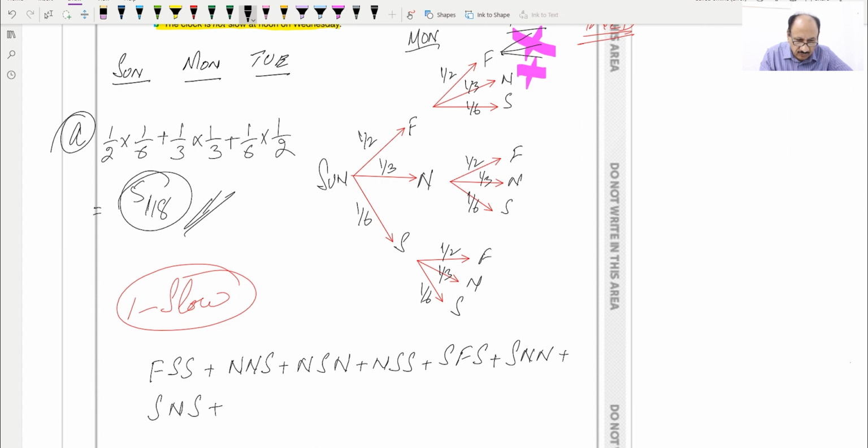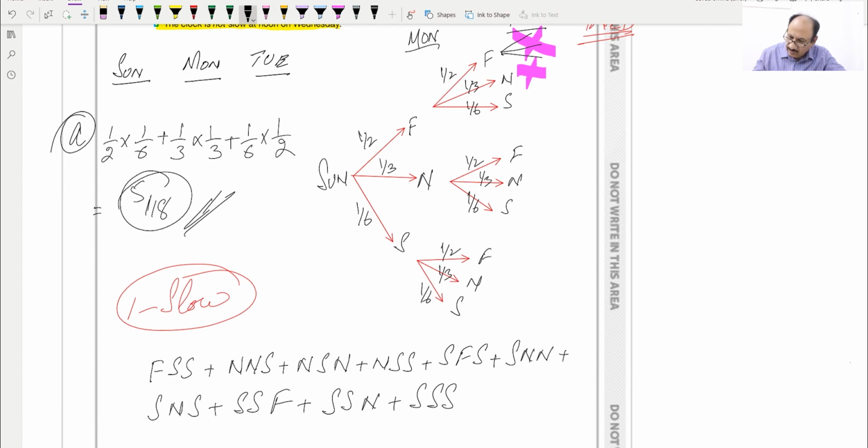And one more thing we can take is slow, slow, and fast. So further we can take slow, slow, no change. And the last one we can take is slow, slow, and slow. So these are 1, 2, 3, 4, 5, 6, 7, 8, 9 and 10 options which we can take.